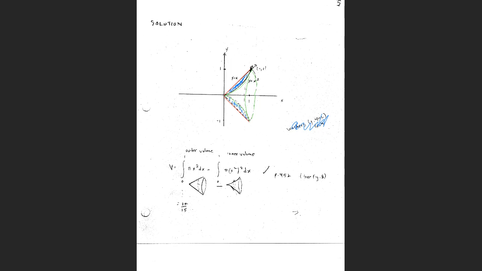In section 6.2, you learn that the volume is equal to the integral of A(x) dx from a to b, and that's if you're rotating about the x-axis.